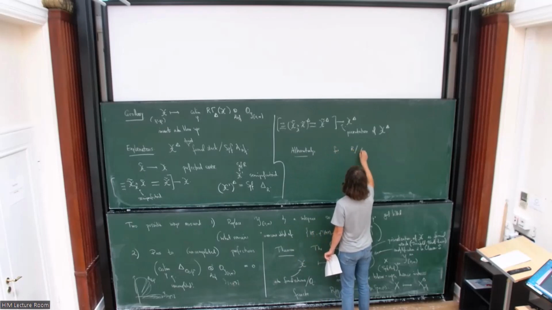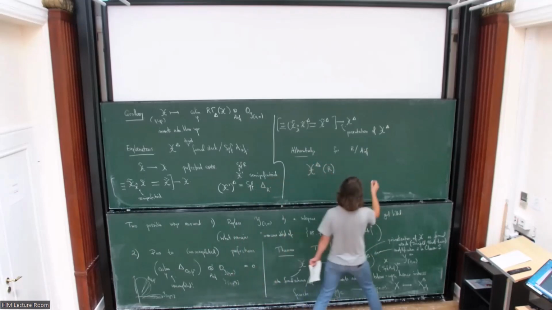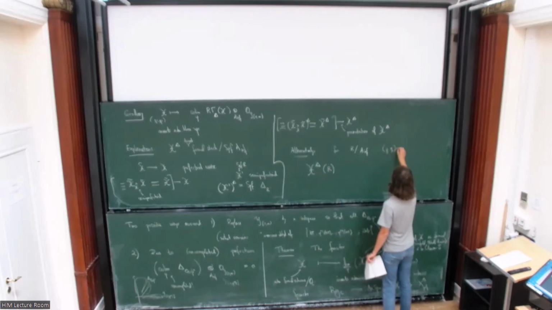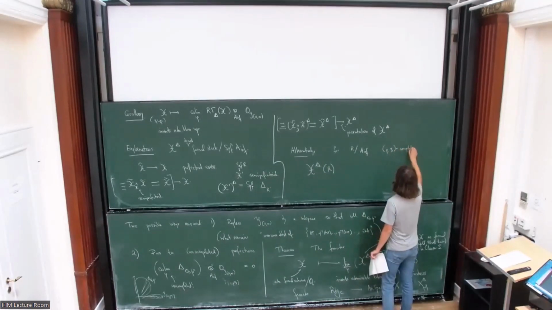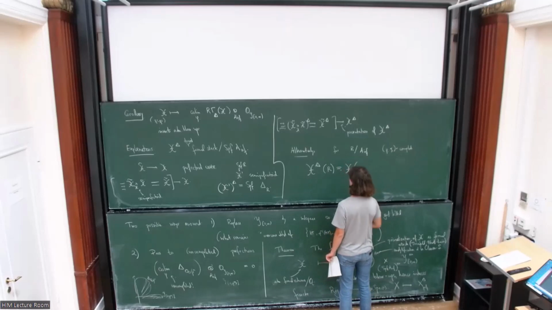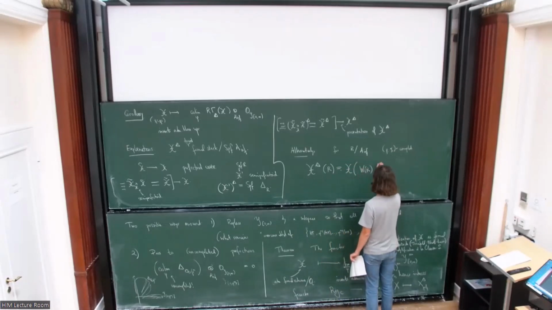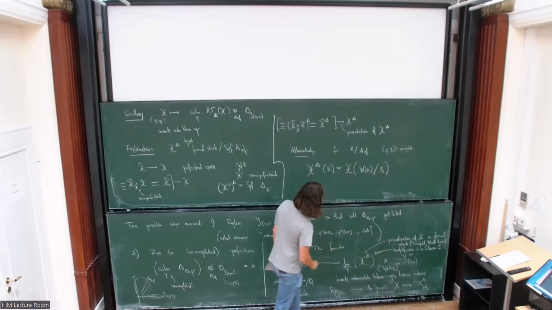For R in the A_inf algebras, say that the value at R of X prism should be equal to the following: you take points of X in the big Witt vectors of R mod some element psi, where what does psi mean?